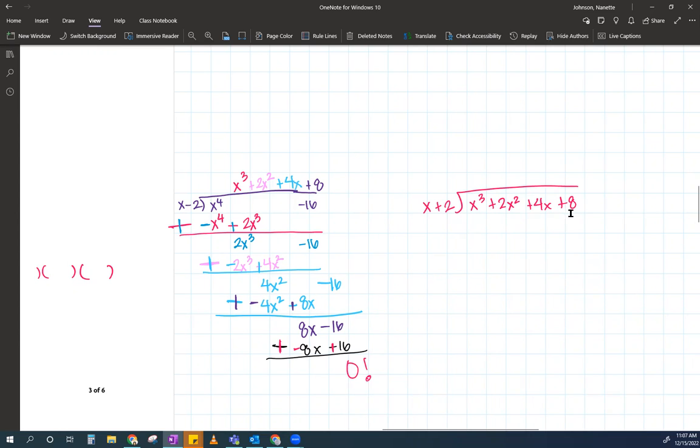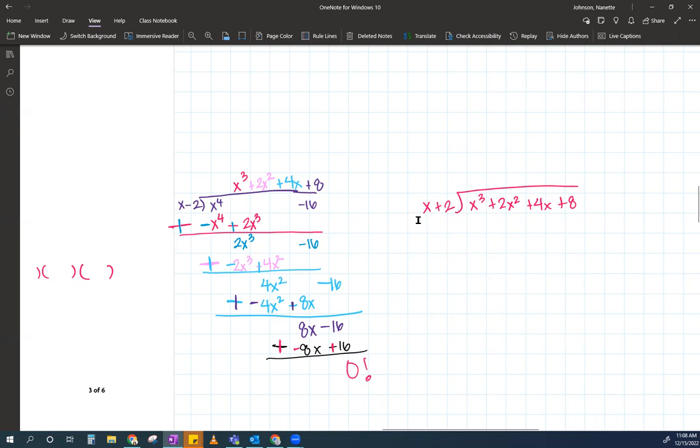Do you see why 3 would be a bad choice? Do you see why 2 would be a really good choice? Can someone put that into words? Why would I say 3 is a bad choice and 2 is a good choice? Like, why would I use x plus 2 as a factor and not x plus 3? Can someone put that into words?